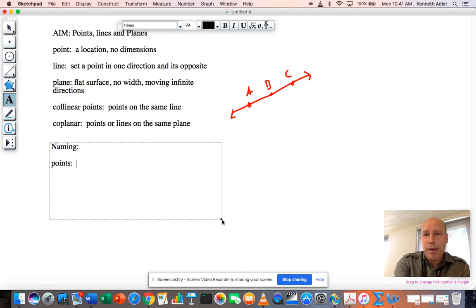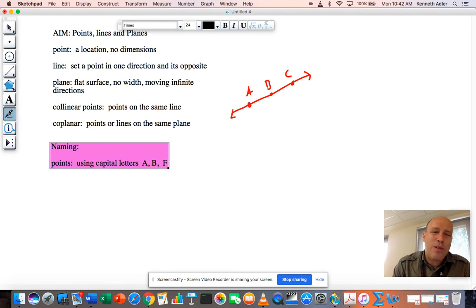Well, we can see up here I named points by using capital letters. So you'll see point A, point B, or maybe point F, something like that. We use capital letters to name points.